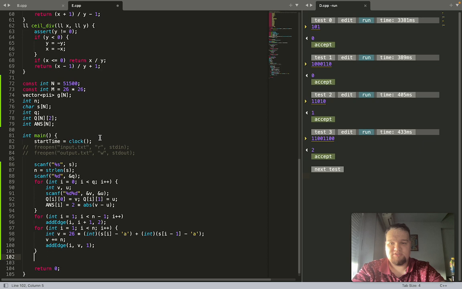Okay, now in this graph I want to calculate shortest distances from every special vertex, and after I do that, update all the answers using those calculated distances.